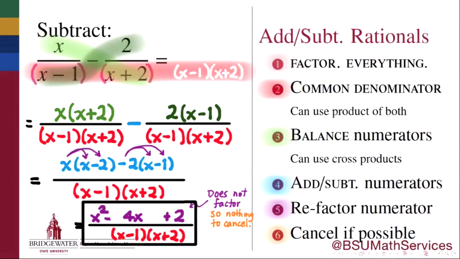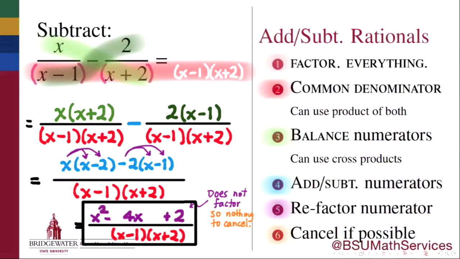The most straightforward way to do that is to simply multiply the two original denominators, as was done here. If you do multiply the two original denominators to get a common denominator, you can then balance the numerators using the cross product, the numerator of one original fraction multiplied by the denominator of the other. Then the actual addition and subtraction happens by adding or subtracting the numerators and keeping the denominator the same.